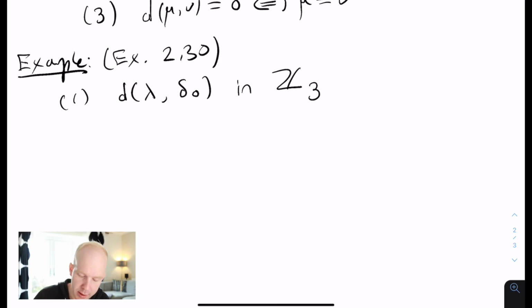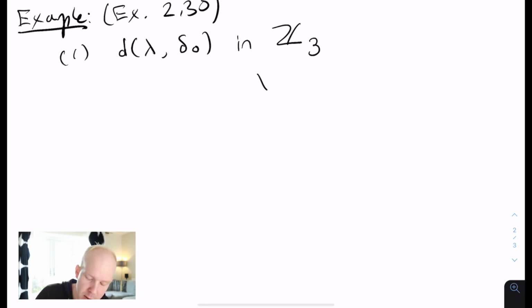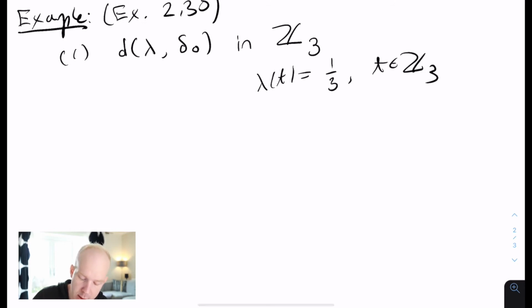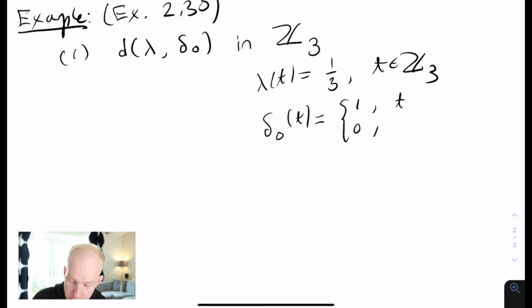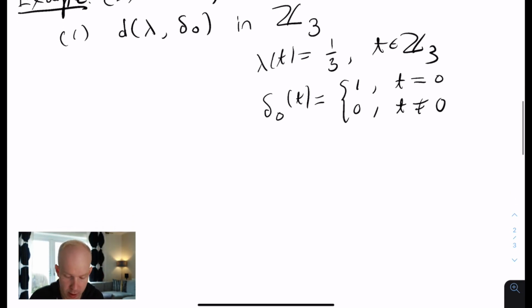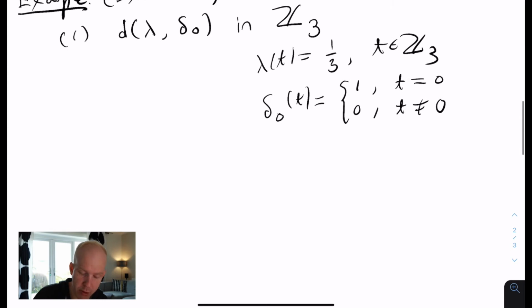Remember that lambda at t is given by 1/3 for t in Z3, and then delta 0 at t is given by 1 when t is equal to 0 and 0 when t is not equal to 0. So how do you compute this distance?